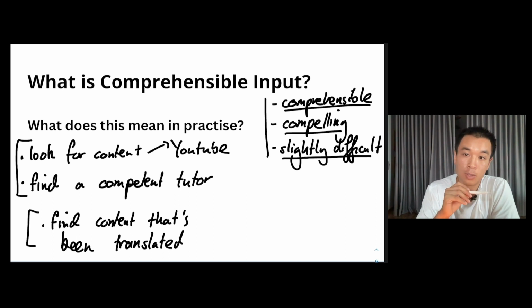And what you do is you find your favorite books and movies that have been translated into your target language and you consume those. One, because they're likely to be comprehensible because you know what they're talking about, you know the story already. Two, if you already like them in your native language, you're probably going to find it compelling in your target language, but you want to make sure it's only slightly difficult and not too hard.